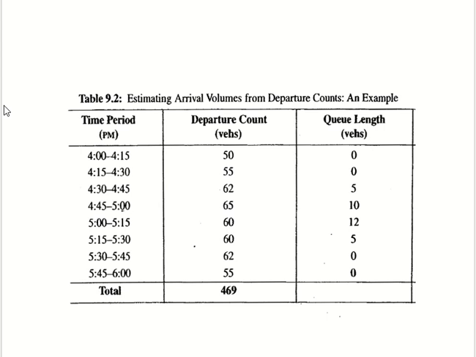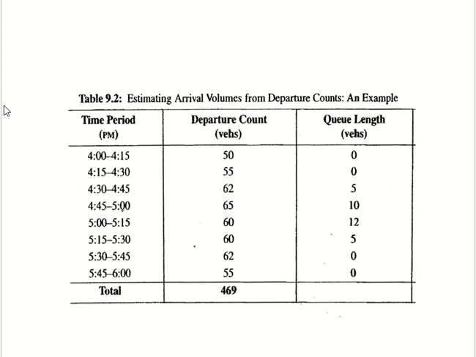But when I say Q length is 0, it means Q is 0 at 4:15. Maybe at 4 there was a Q. I'm not interested in all these values. This is the last value. So 0 is the last value.